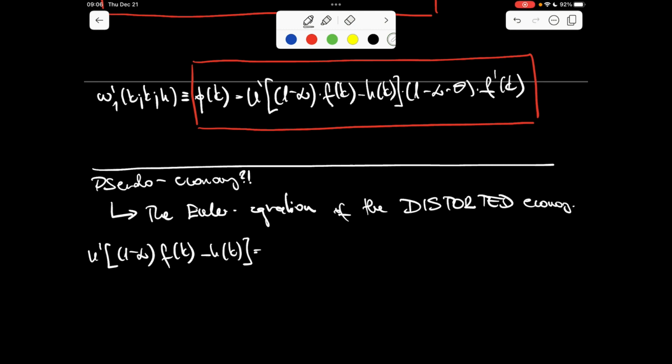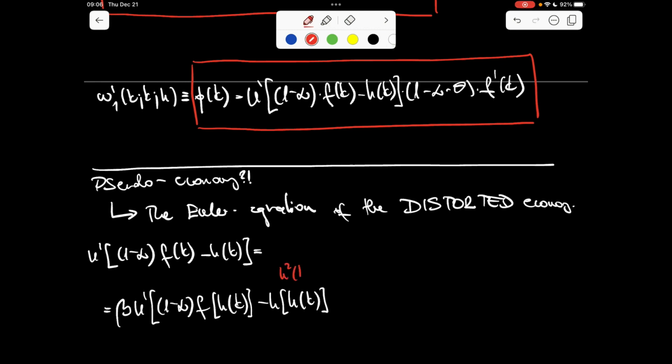Left hand side, right hand side. Here we could simply use this notation too, just for the sake of good order.